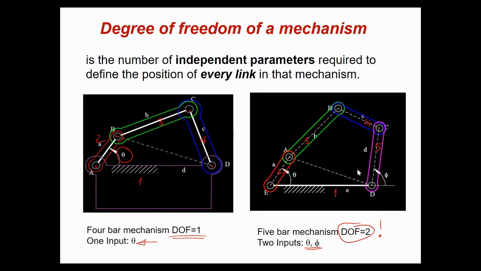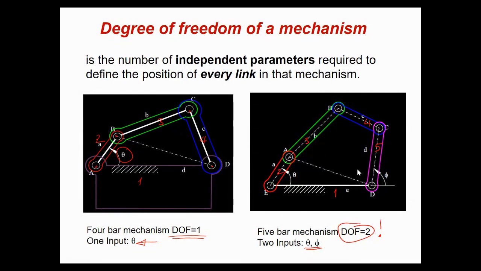Actually, multiple degree of freedom mechanisms, for example, robots, are multiple degree of freedom because for each arm you have a motor connected to each arm. But of course, these require precise control and controllers to control the motion.